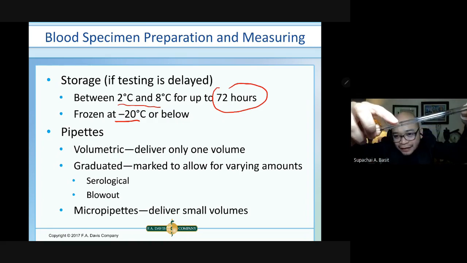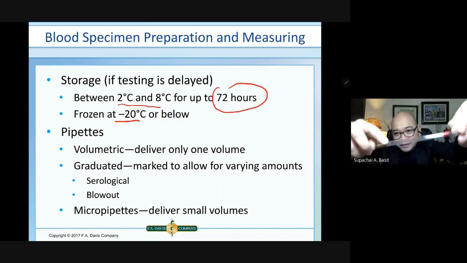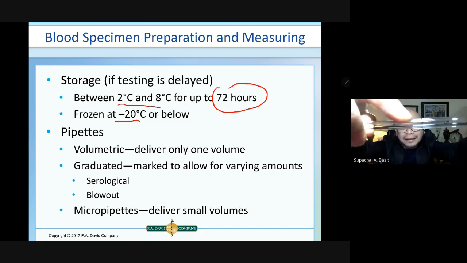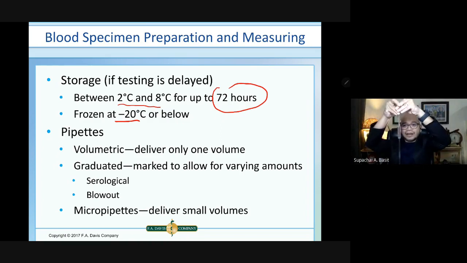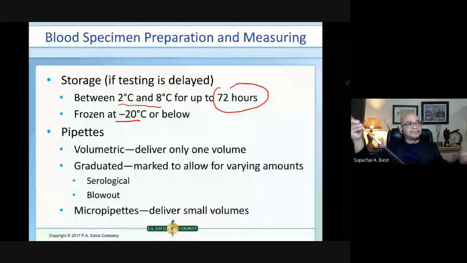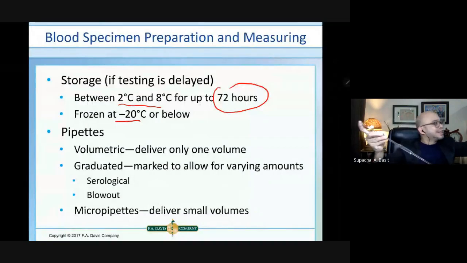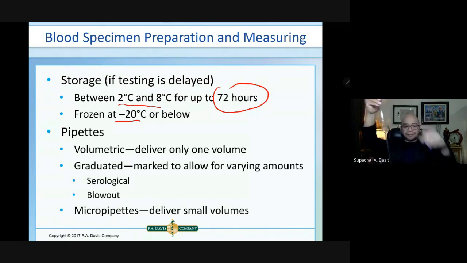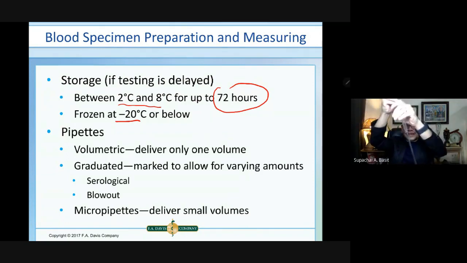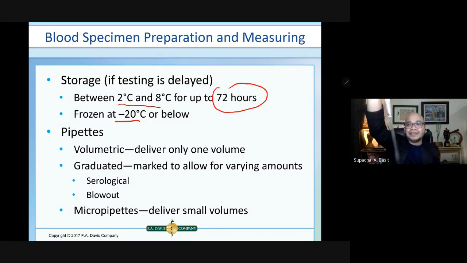So this is the aspirator valve. You will aspirate the liquid up to 10. Before you adjust, you will have a tissue paper to wipe. And then you deliver. This is 10 ml.